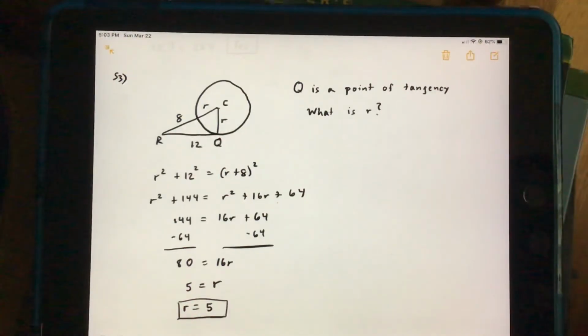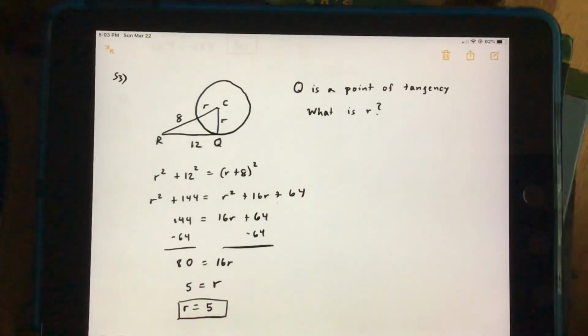And so RQC is a right angle, and so then we have a right triangle that we can work with. And we can use the Pythagorean theorem to sum up the square of the legs and set that equal to the hypotenuse squared. So we have r squared plus 12 squared, and we're asking is that equal to the hypotenuse r plus 8 quantity squared. Our next step then is doing some simplifying.